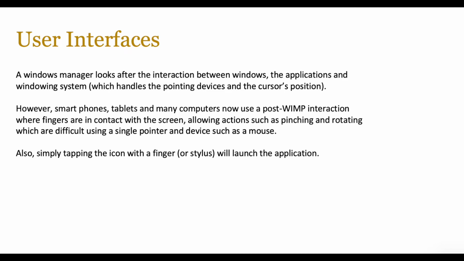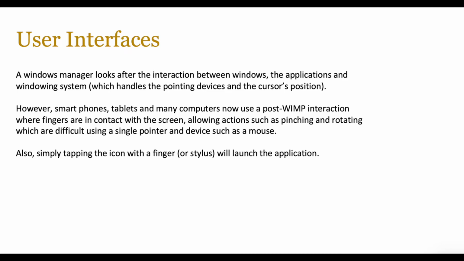However, smartphones, tablets, and many computers now use a post-WIMP interaction system where fingers are in contact with the screen, allowing actions such as pinching and rotating, which are difficult using a single pointer and a device such as a mouse. Also, simply tapping the icon with a finger or a stylus will often launch the application.